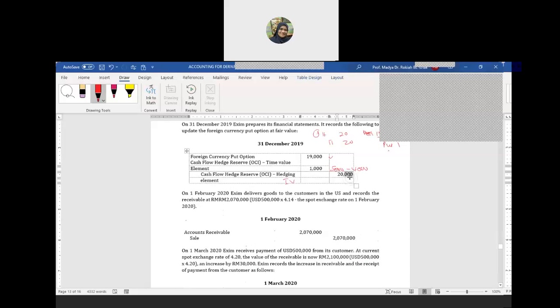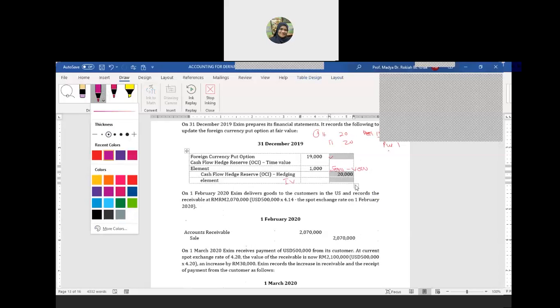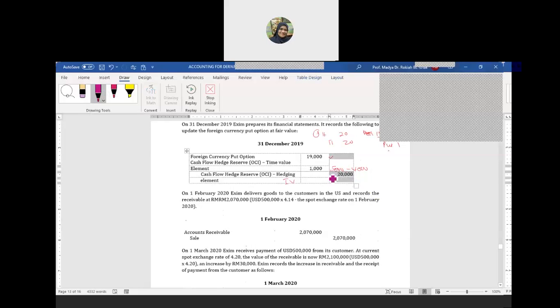This 20,000 is only for the intrinsic value, because we only hedge for the intrinsic value only.